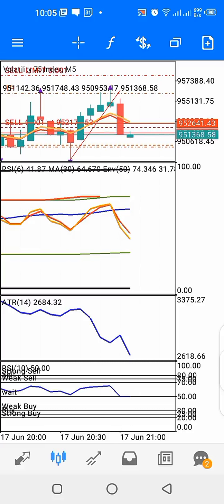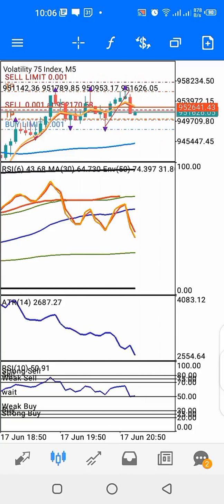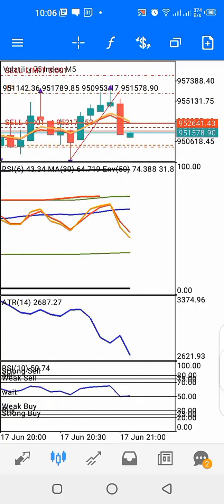I'm already seeing the formation of a small green bar, showing that some bulls are around that level trying to push price back to the red line, the midpoint between my buy limit and sell limit. Don't forget, my buy limit is at 948,000 and my sell limit is at 958,000. The buy limit is serving as my support area and the sell limit as my resistance area.